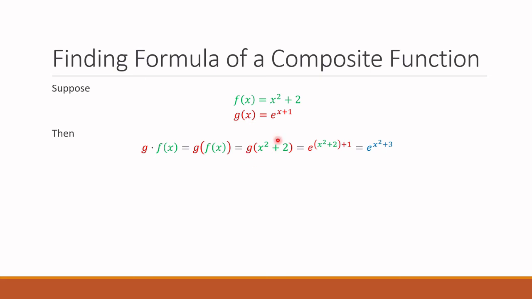So what I need to do now is simply replace x by x squared plus 2, because that's what you do here: you replace x by x squared plus 2 in the formula of g. The last step is just a simple simplification. To describe it simply, you just replace x in g with f(x), and then you simplify. When I say replace, it just means this step over here. So that's the way to find the formula.